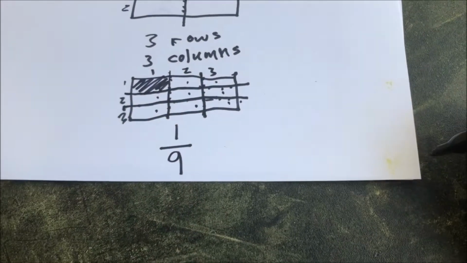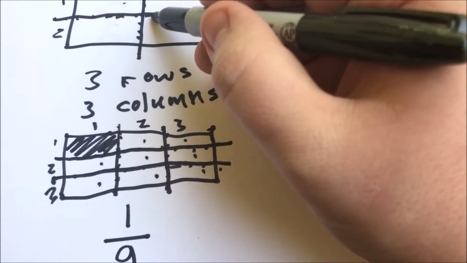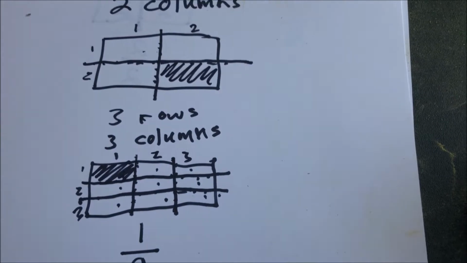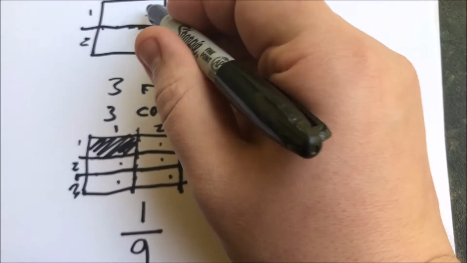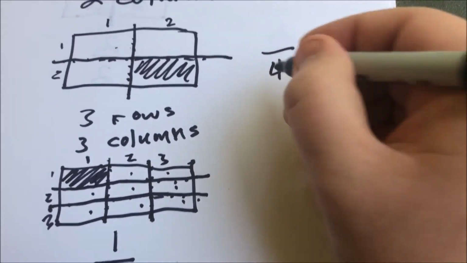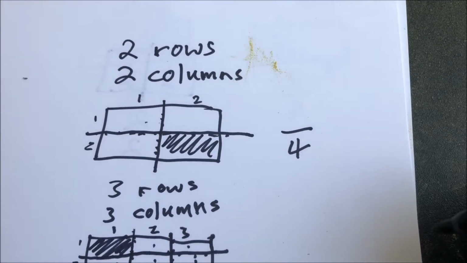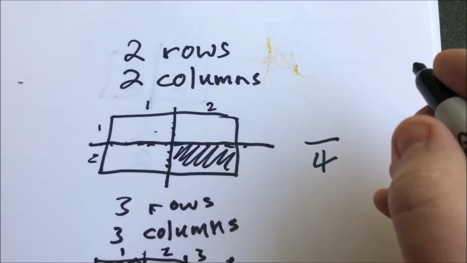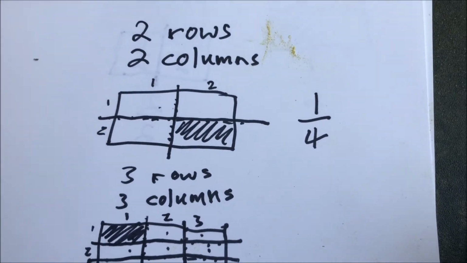So this right here represents 1/9. How about up here? What if I shade 1 part out of 4? Well, that's easy. I have 1, 2, 3, 4 total parts. Do you see where I'm putting my total parts? On the bottom. That's my denominator. And then I have 1 selected part, my numerator. So I have 1/4.